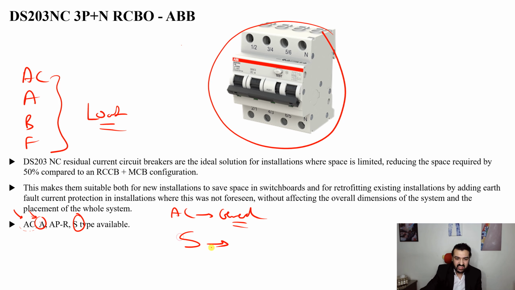S means selective, or has time delay. Now AP-R, this one is a special type of general type with a certain time delay. This is an anti-disturbance circuit breaker or RCBO. I'm gonna explain what this does in the end of this lesson.